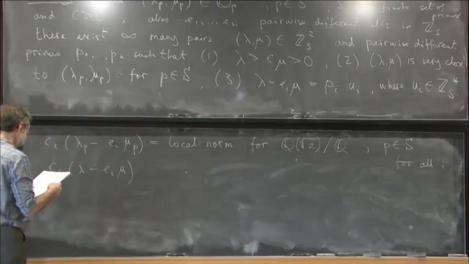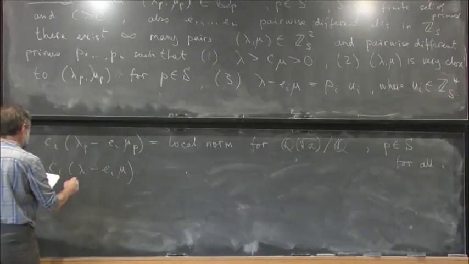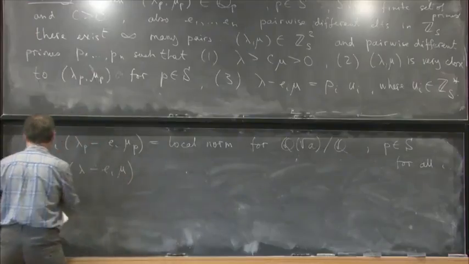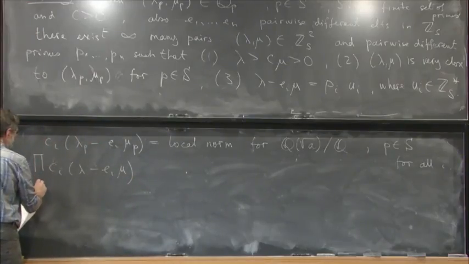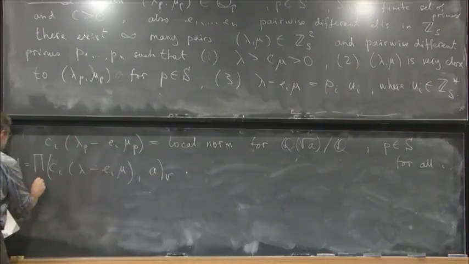So let's use the product formula, which says that 1 is the product of Hilbert symbols for all v.